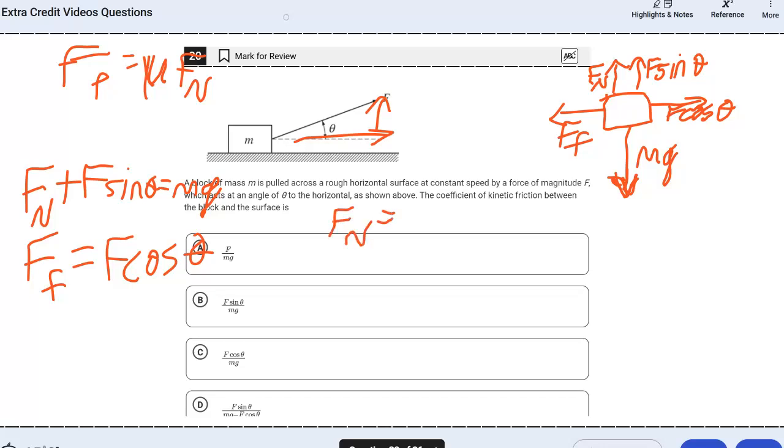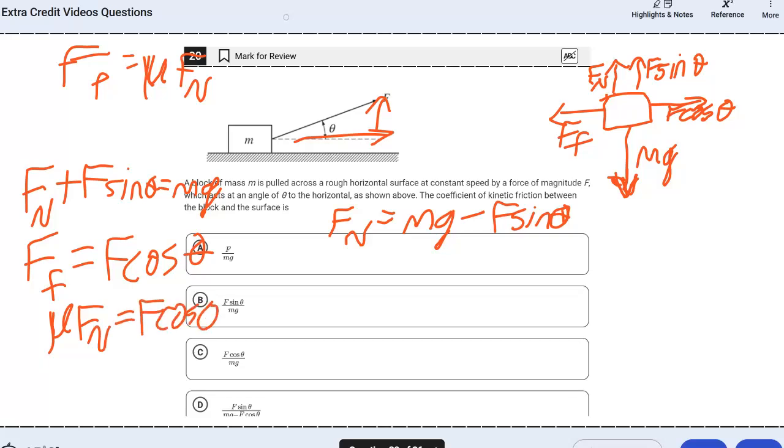So let's solve for normal force here. Normal force is mg minus F sine theta. Okay. Now let's rewrite our frictional force as mu Fn. Now we can plug in this for Fn.